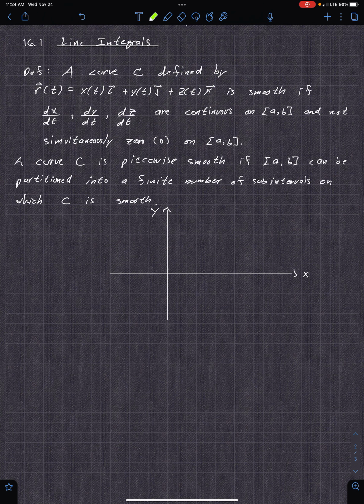You don't have to write this down, but if you have y equals f of x, then it's smooth if basically f prime exists and is continuous.